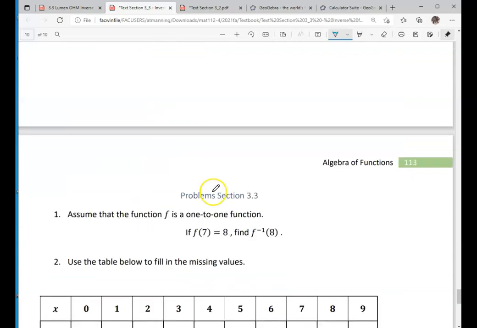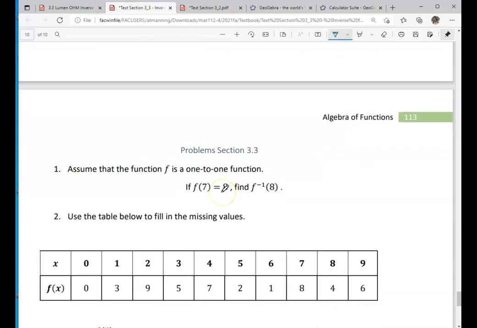All right. Now we're back to the graphing part, or the table part. What's missing here? Assume the function is 1 to 1. If f of 7 equals 8, find f inverse of 8. I can just say, okay, feeding this in for my x, for my f inverse, my output, if it's the correct inverse, is going to get me back to the original.